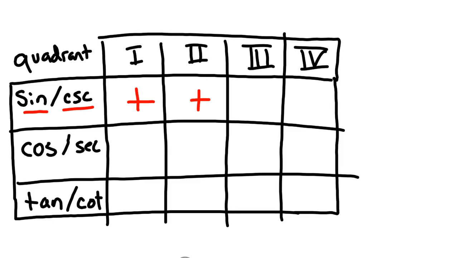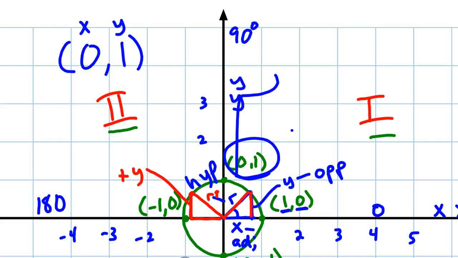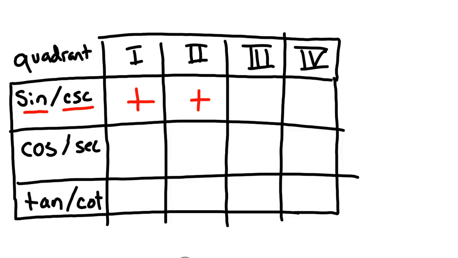Third quadrant, what happens there? So now in the third quadrant, and let me switch colors. Let me go to a black. So here's my third quadrant. Notice now this value is negative because it goes down. And then the radius is positive. So a negative divided by a positive is negative.